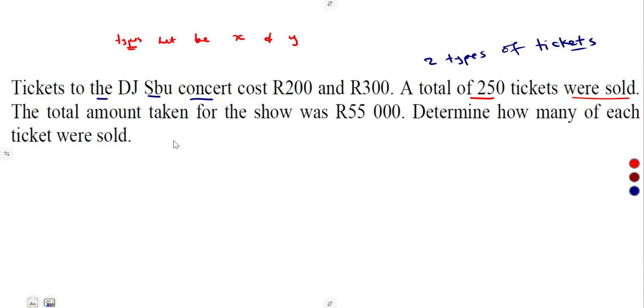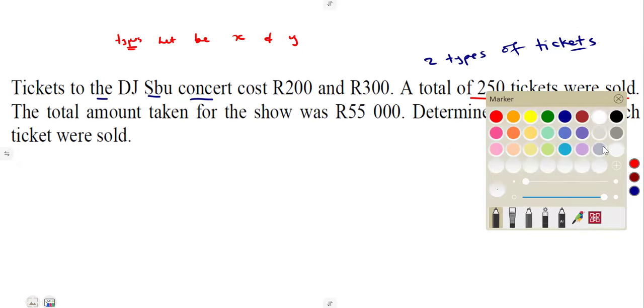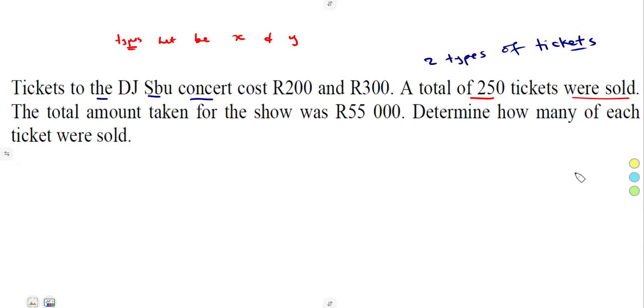Then, so there is a total here. Let me indicate. This is the first total for the number of tickets. Then we move on. There's a total again, but for the amount taken for the show. The total amount.